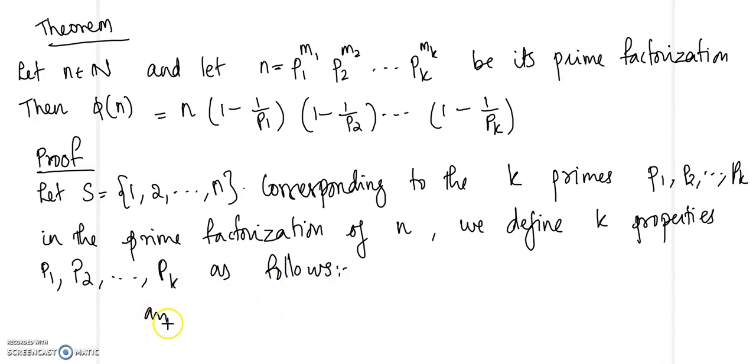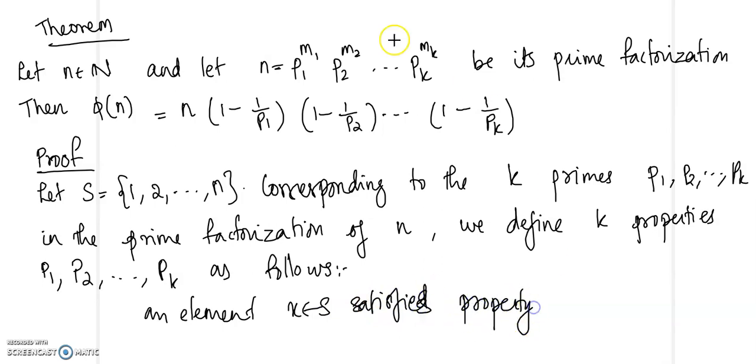An element x belonging to S satisfies property Pi if and only if pi divides x, where i is equal to 1 to k.